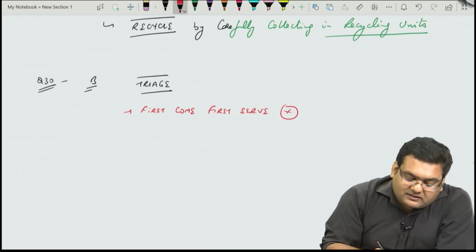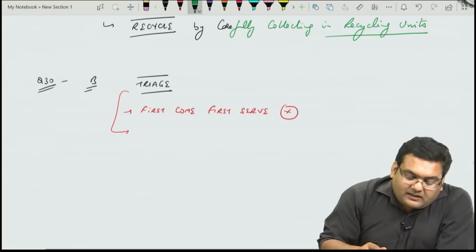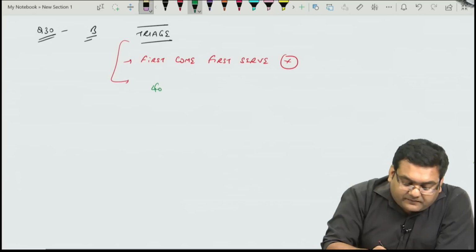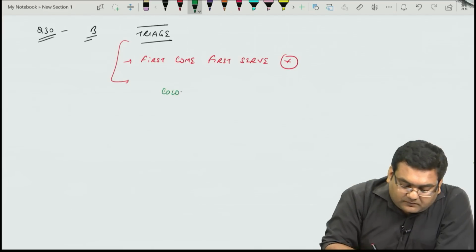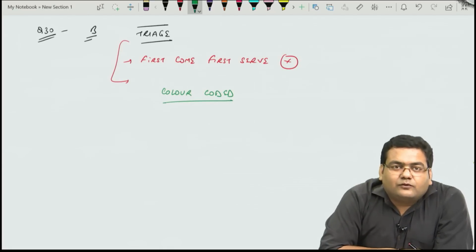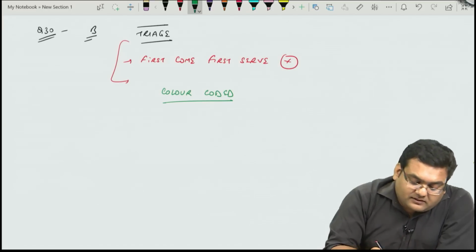So what is triage? It is basically a color coded mechanism where 4 colors are used for tagging the people in triage.